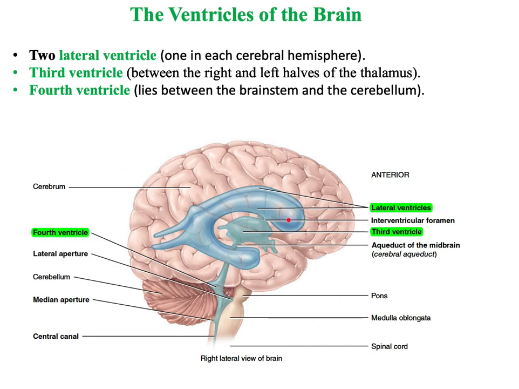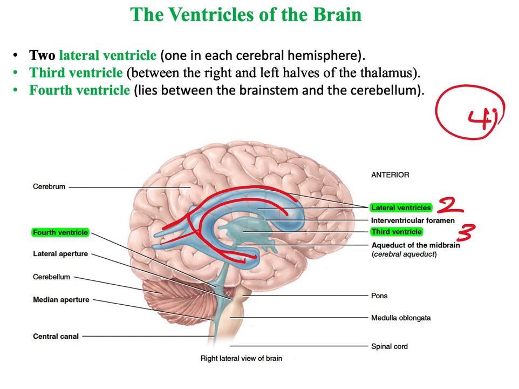So this is a lateral view of the ventricles you have in your body. You have 2 lateral ventricles, one on the right, which is like a C shape, and one on the left. So two lateral ventricles. Where's the third one? Because you have four ventricles.